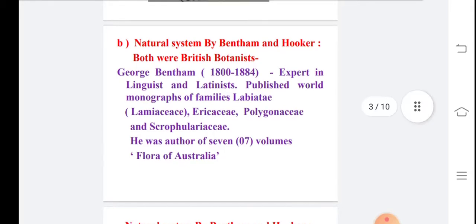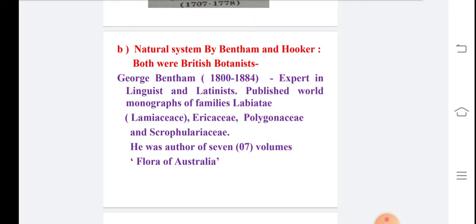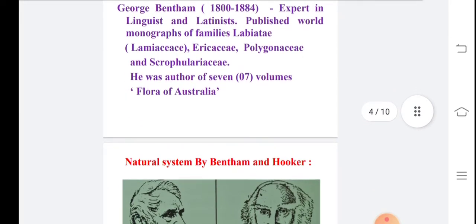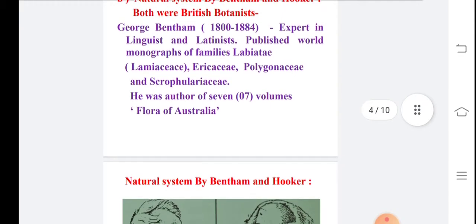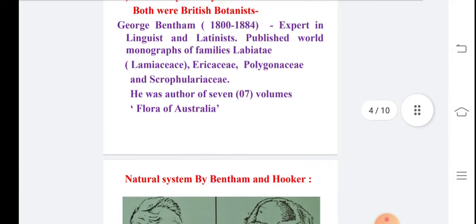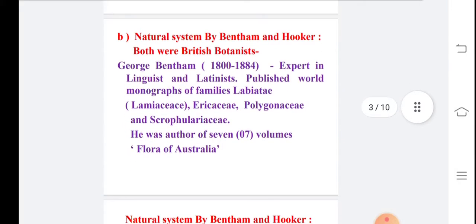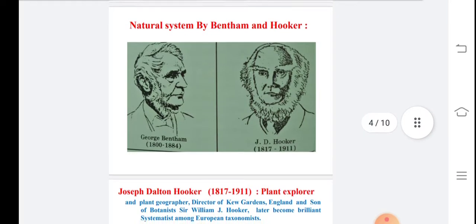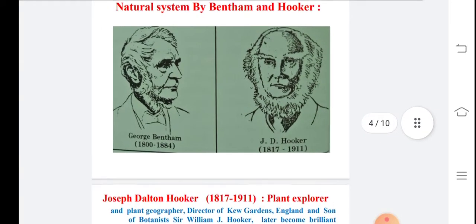Please remember this as characteristic of Bentham. He was the author of 7 volumes of The Flora of Australia. So the flora of Australia was studied by Bentham, in this natural system of classification.